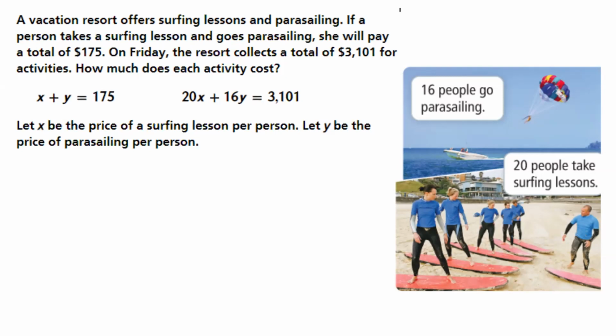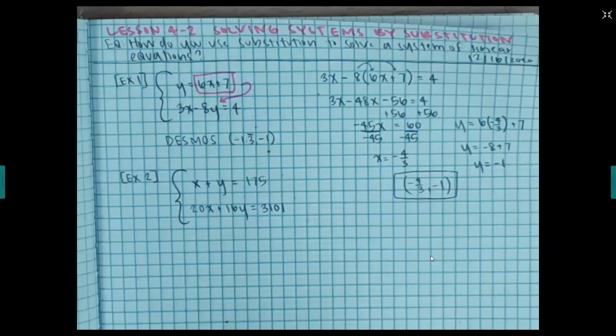And then if we have 20 people surfing and 16 people parasailing, that's a total of $3,101. Let x be the price of the surfing lesson per person and let y be the price of the parasailing per person. So I wrote those two equations in my math journal as a system of equations.